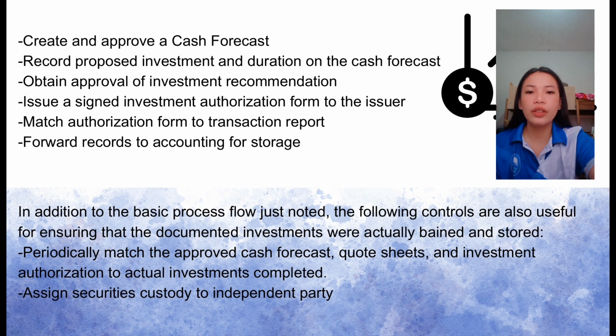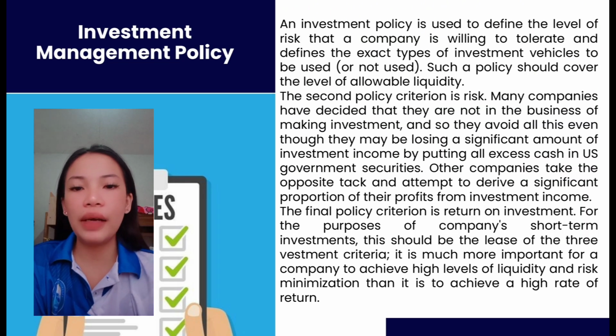If securities need to be kept on site, make sure the person securing them physically is different from the one managing the accounting records. This separation prevents potential conflicts of interest and helps maintain accurate financial records, ensuring transparency and accountability in managing the company's assets. Investment management policies.